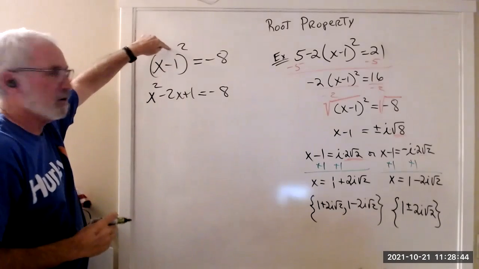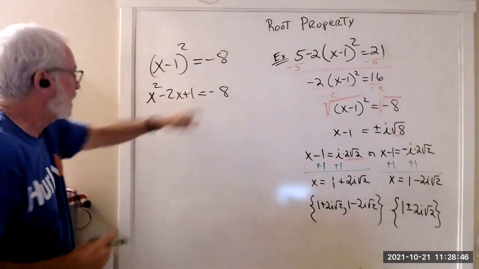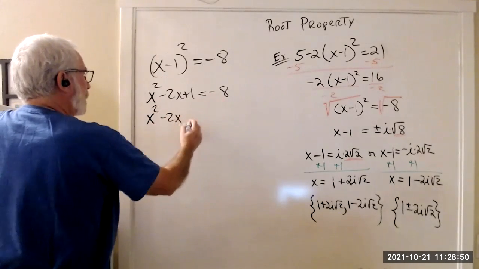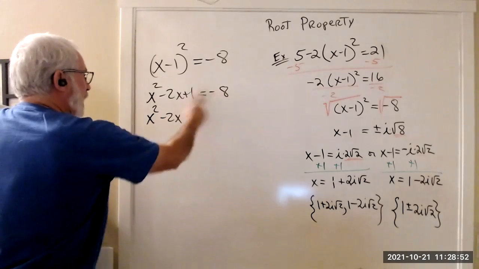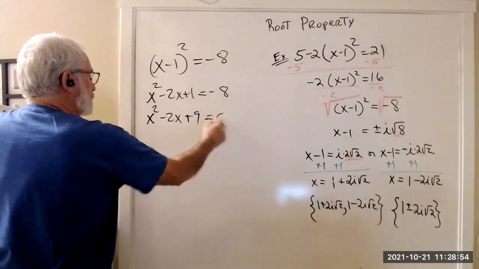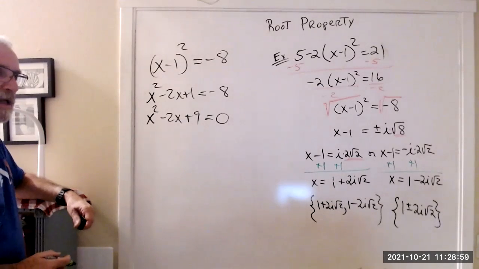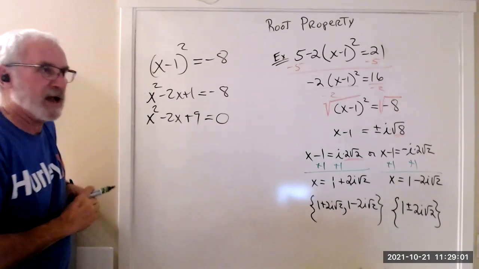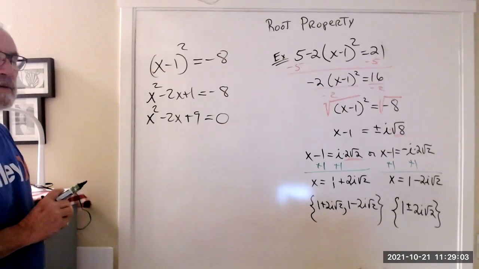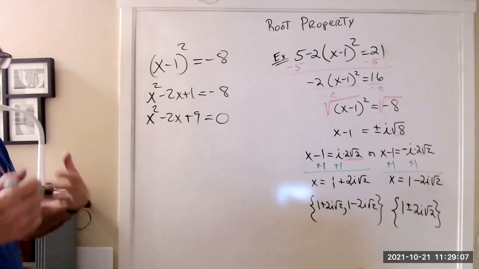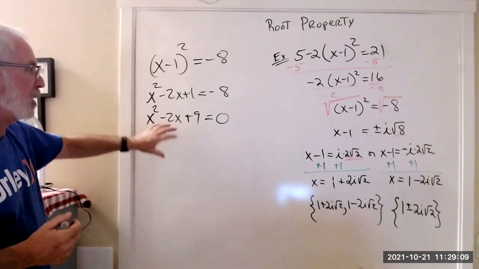Square that out, make it equal 0, plus 9, because you add 8 to both sides, equals 0. And now try and factor it. You can't factor that one. So your question is really awesome.